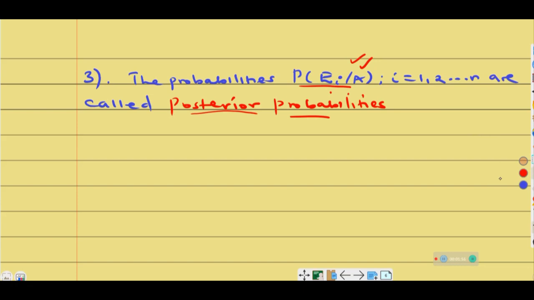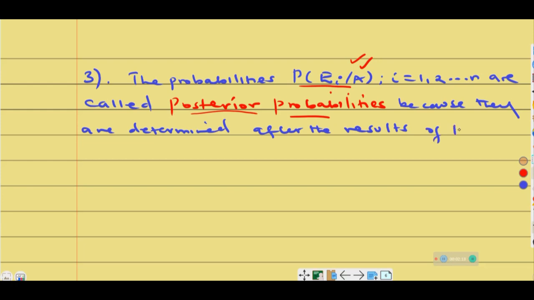This is because they are determined after the results of the experiment are known.